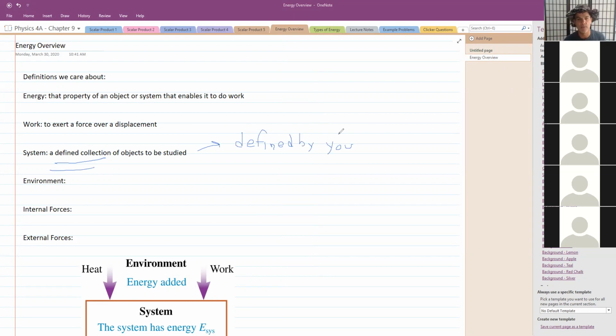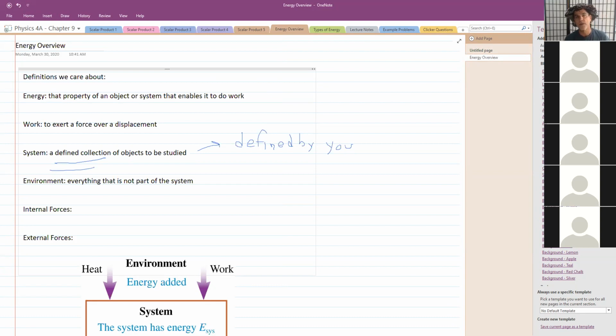And the reason it becomes important is because of these definitions of internal forces and external forces. So before I get to that, let me just go back to environment. So you get to define your system however you want. But the reason that's important is because the environment is basically everything that is not part of the system.